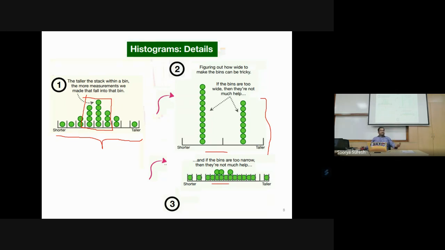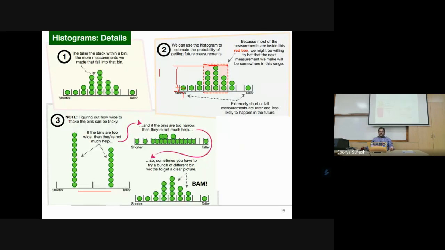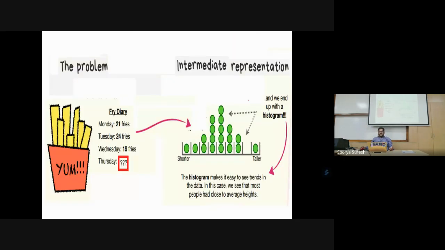So for a very simple problem, we convert the problem into a histogram and then try to solve it. First approach, a very simple approach, and again we are depending upon the probability. See here, it is an intermediate representation: we transform the problem like this, and it looks like a histogram.